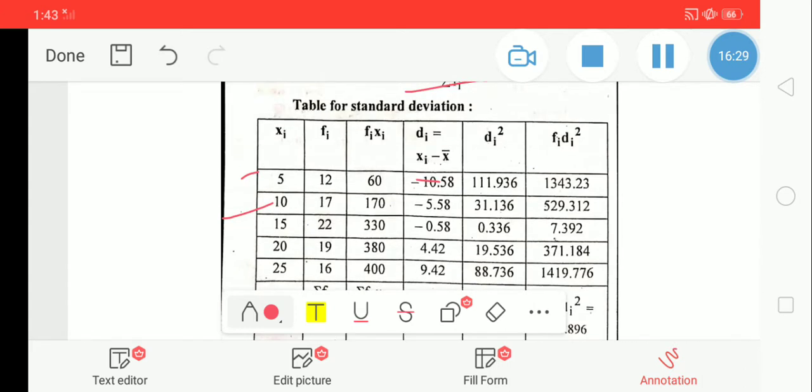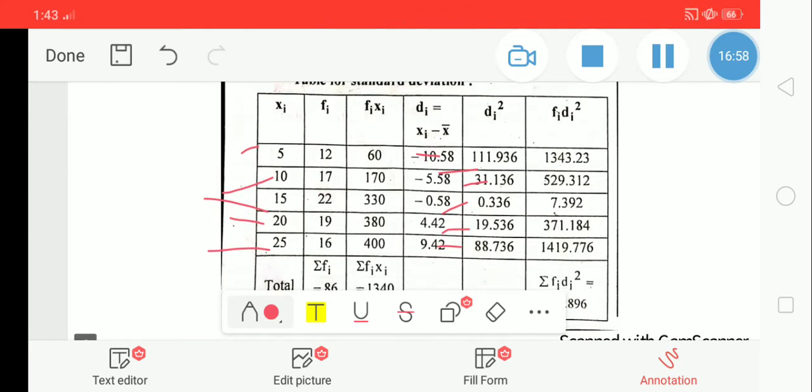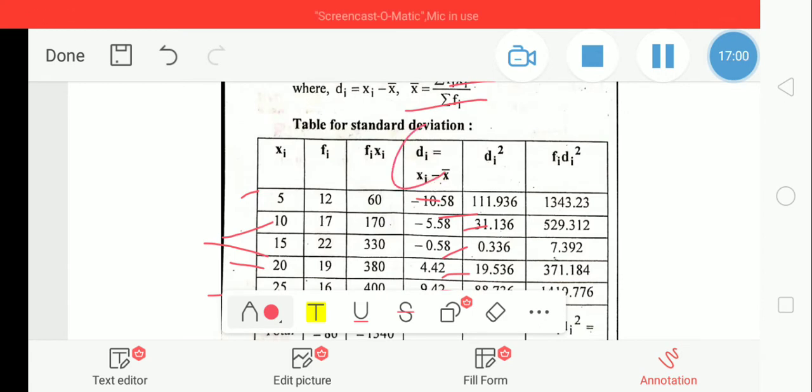Now again xi minus x bar means 10 minus 15.58, so they give minus 5.58, and 15 minus 15.58, that gives minus 0.58. 20 minus 15.58, they give 4.42, and 25 minus 15.58, so they give 9.42. So these are the values of d.